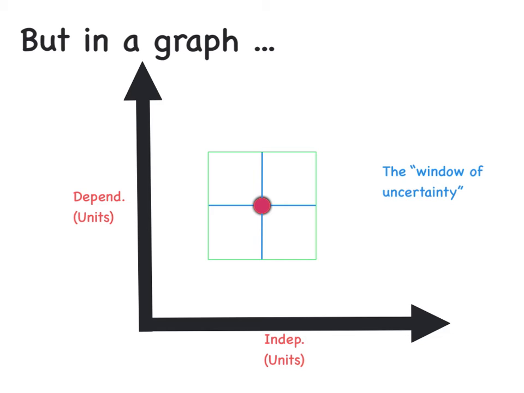And anywhere in here, somewhere in this window, is where the real number is. Now this box or window of uncertainty is around every data point. I've only put one data point in at the moment, but our windows are everywhere, so our real numbers go in here. Somewhere in that region will be our real number.